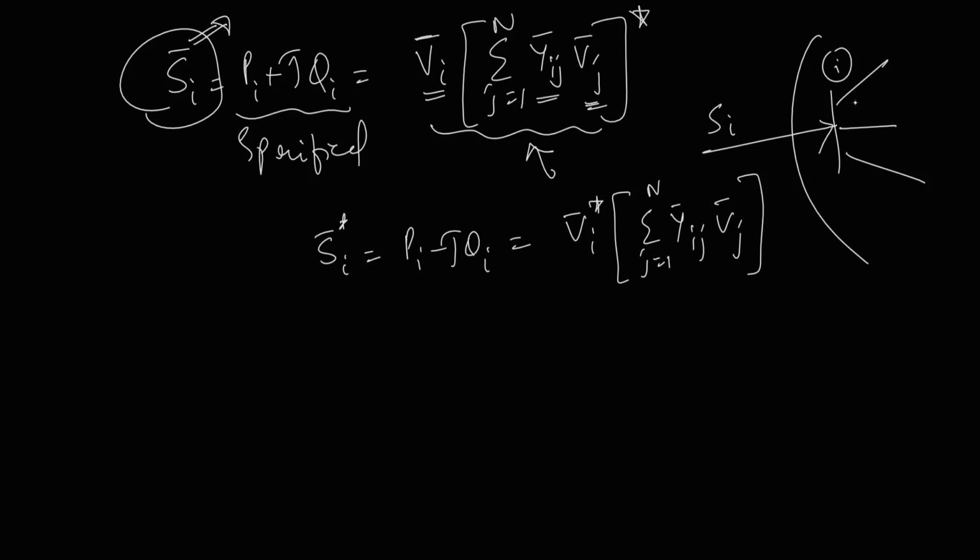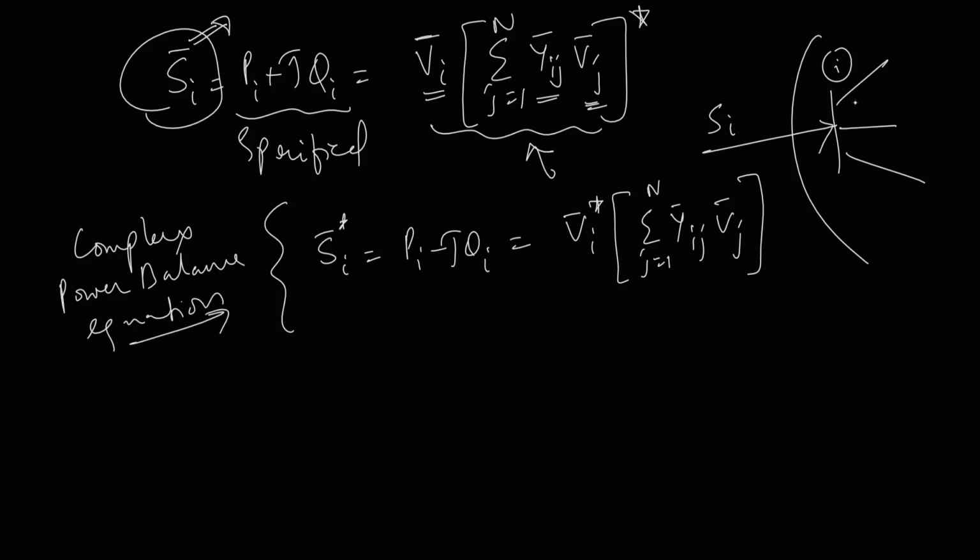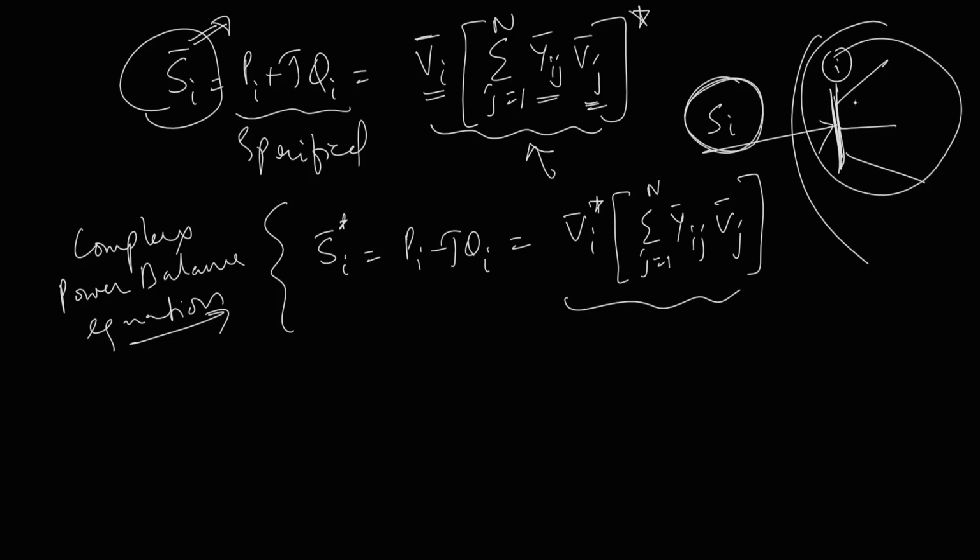Now this is actually the complex power balance equation. At this bus, I am matching the specified complex power with the calculated complex power. This is the calculated complex power and this is the specified complex power.